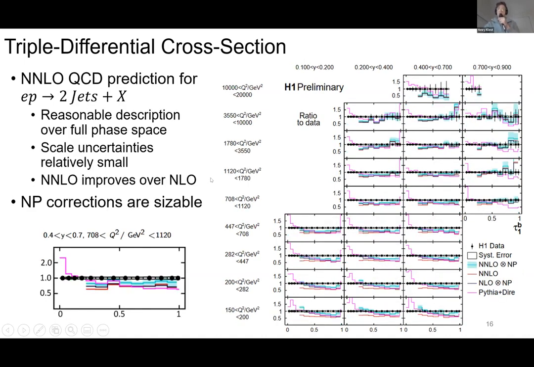So to now compare triple differentially the NNLO prediction, you can see that at the lower Q squared, the non-perturbative corrections, which are basically the difference between this red line and this light blue line, are increasing, whereas at higher Q squared, they're more or less negligible.